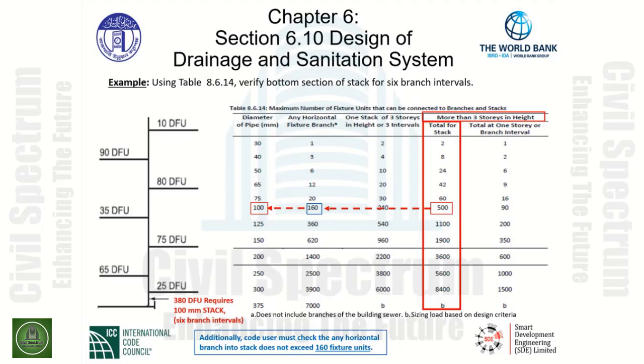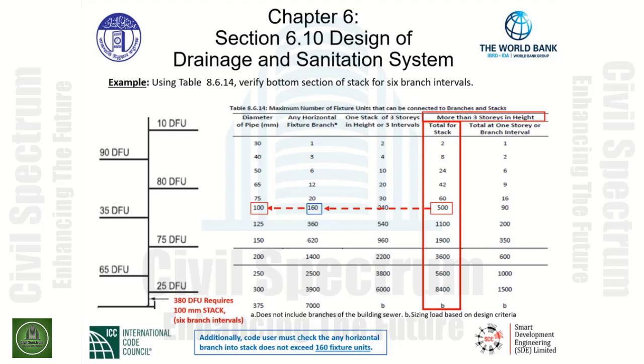As seen in the drawing, we have a total of 380 drainage fixture units being discharged at the bottom of the stack. Let's verify that the stack is sized correctly at 100 millimeters for this 6 branch intervals.